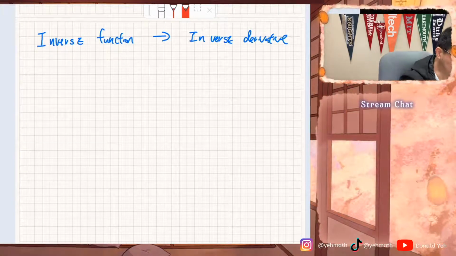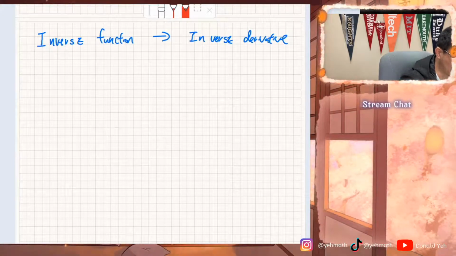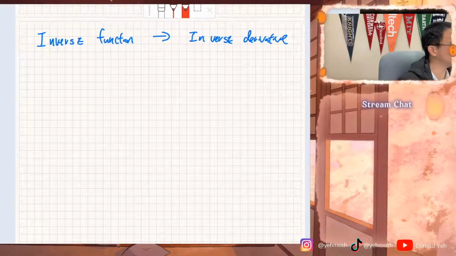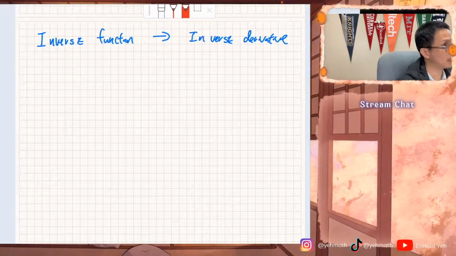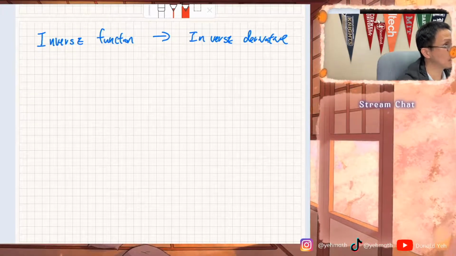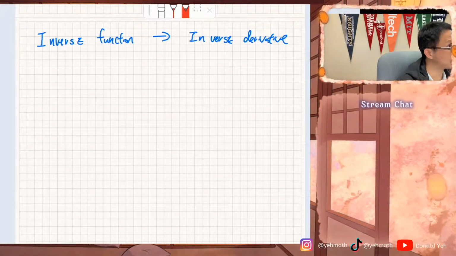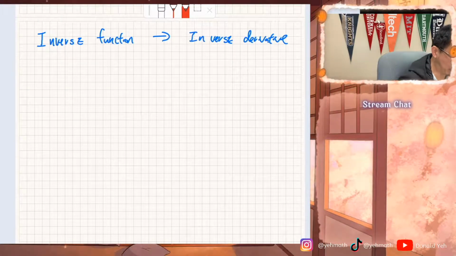The whole thing about inverse functions is not that important. It's not going to be on the test, but I want to teach all the background information first before I build in the inverse derivative.